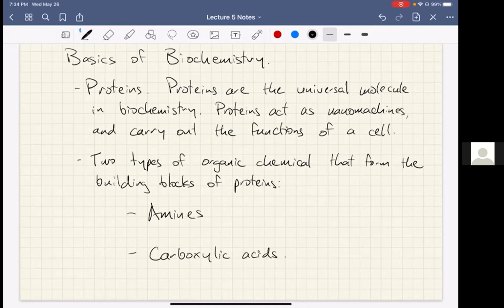If you've ever taken an organic chemistry course, you might already be familiar with these, but the way to think about them is as follows. So amines are organic chemistry blocks that are centered on a nitrogen atom. For the most part, nitrogen atoms make 3 bonds, and an amine is a radical group, R, connected to a nitrogen, and the nitrogen is connected to 2 hydrogens.